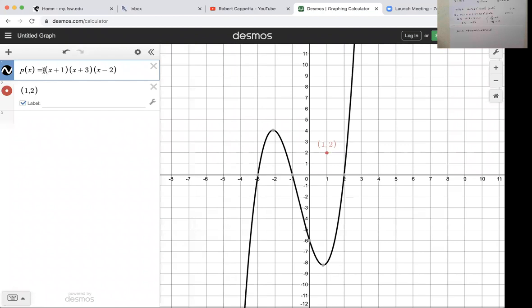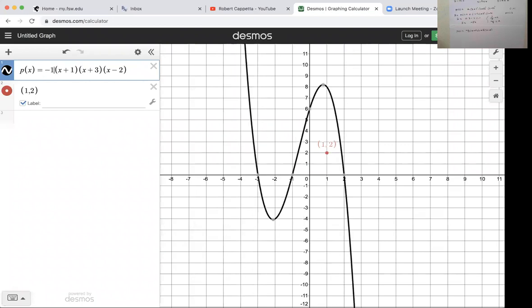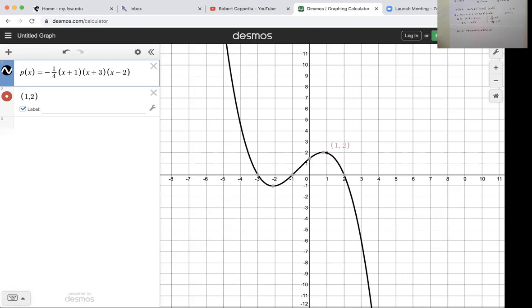If I multiply this by -1/4, does it go through the point (1, 2)? It sure does. The point (1, 2) is here. So it goes through the point (1, 2), and it still has the zeros that we asked for: a zero of -1, a zero of -3, and a zero of 2.